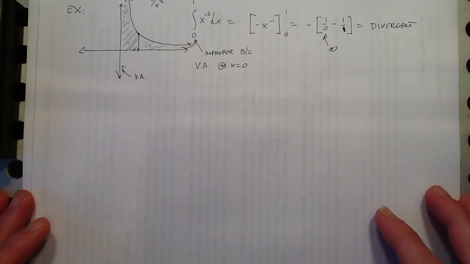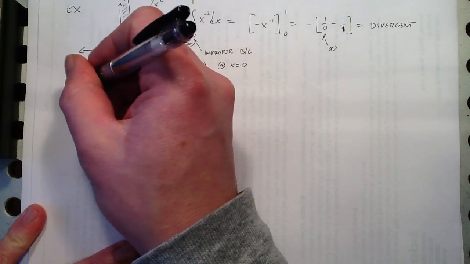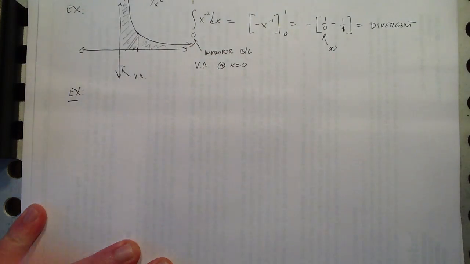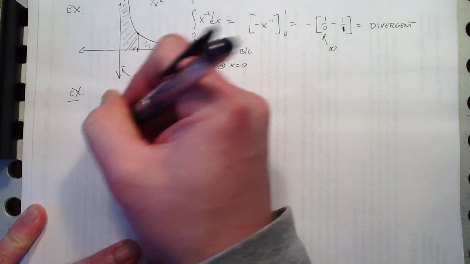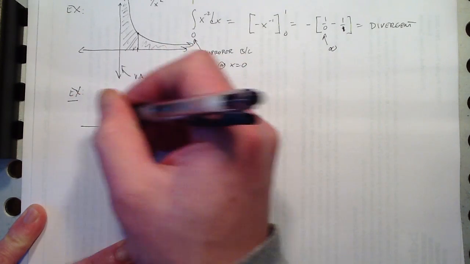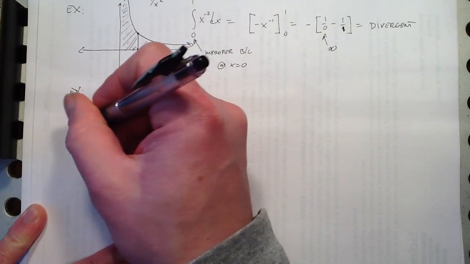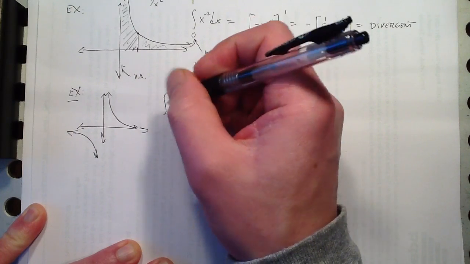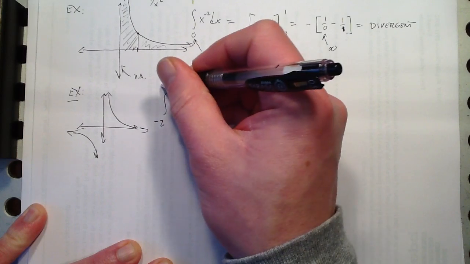Let's see. How about, let's try this one. Let's try the area under 1 over x from negative 2 to 2.